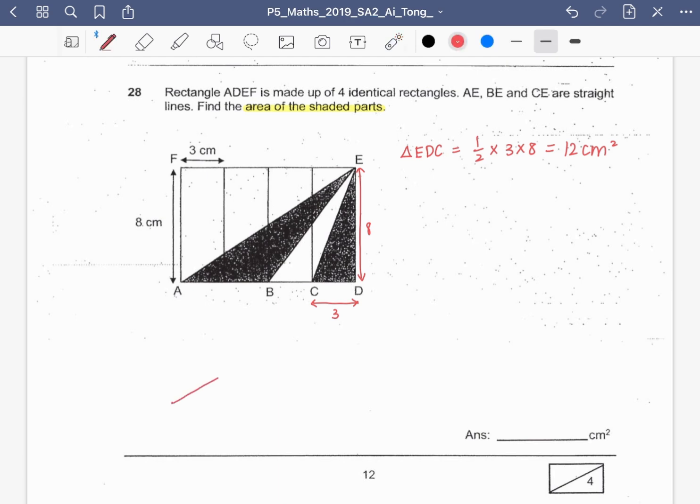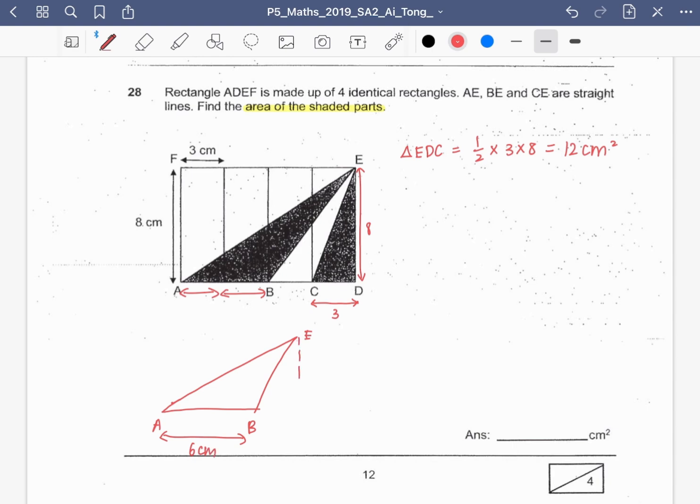Okay, let's redraw that. It's like that. Okay, something like that. ABE. So I know that the base is AB, right? AB is 3 cm plus 3 cm, which is 6 cm. But what is the height?